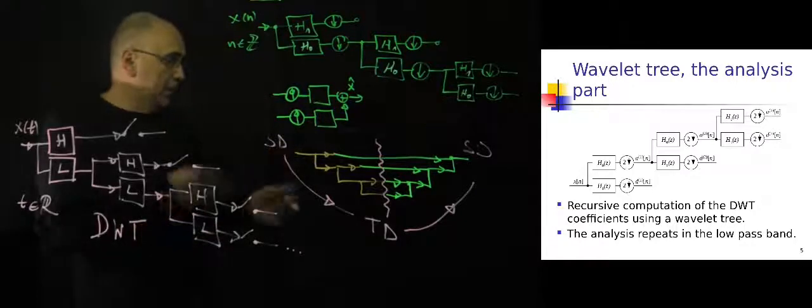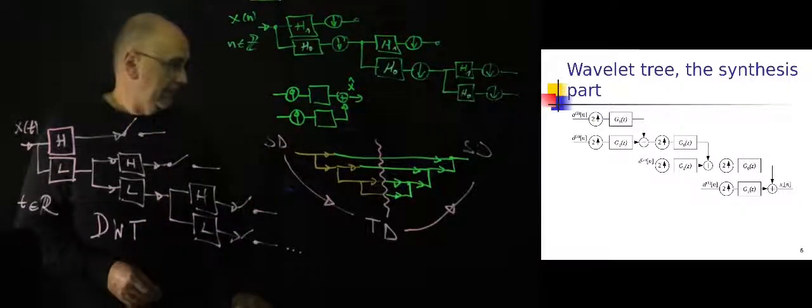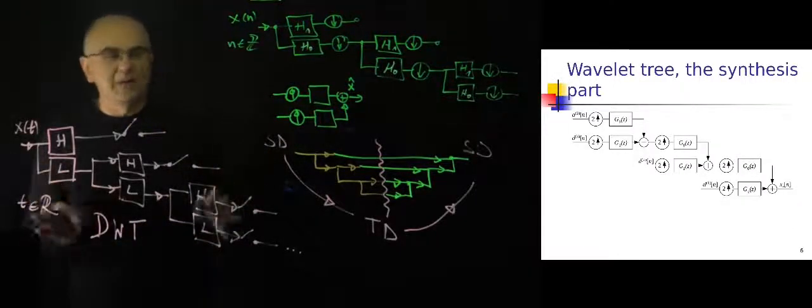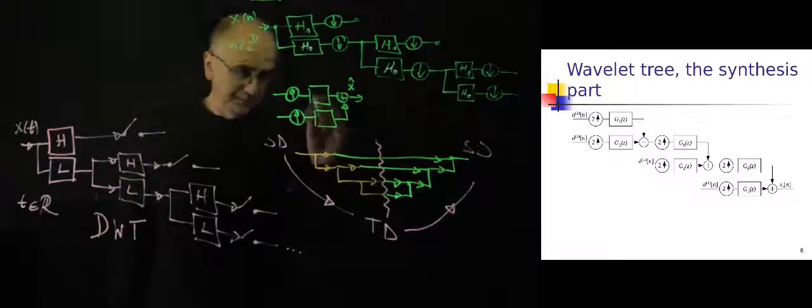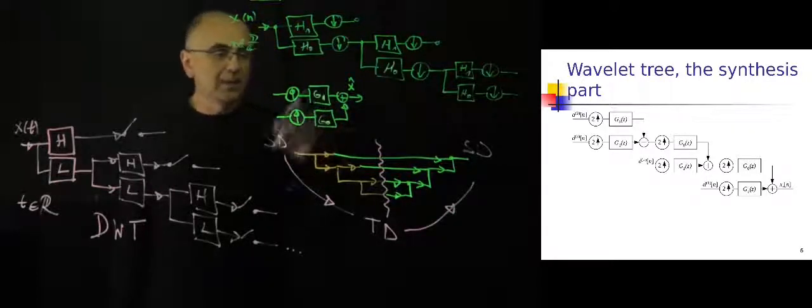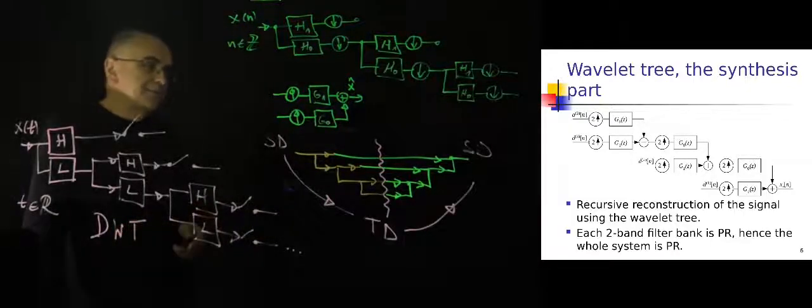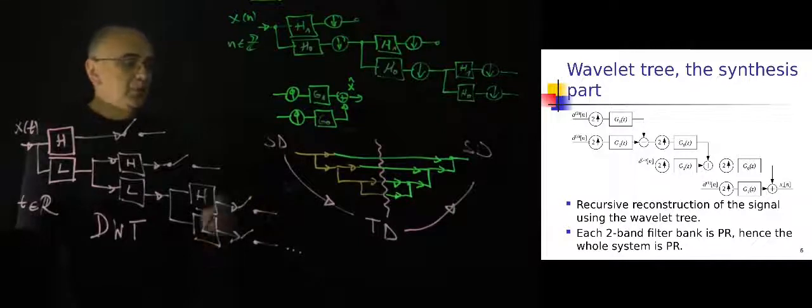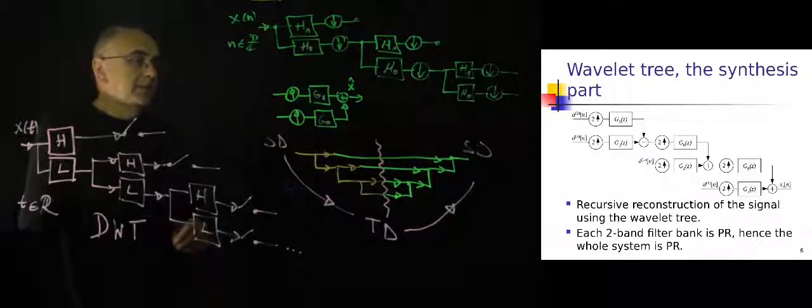And here we are going to use G. We were using F, but it's all the same. This one is low pass and this one is high pass. Maybe we can start to write down some expressions.